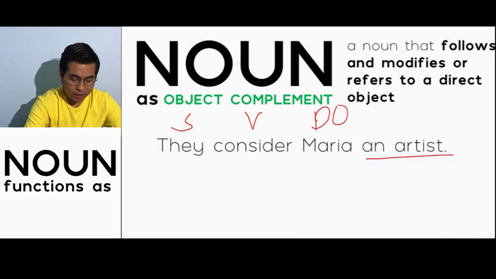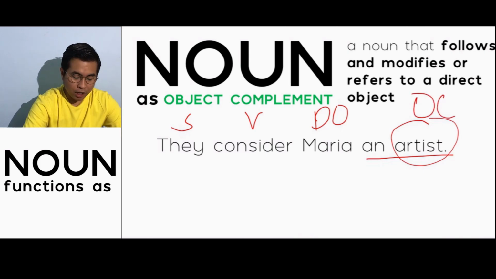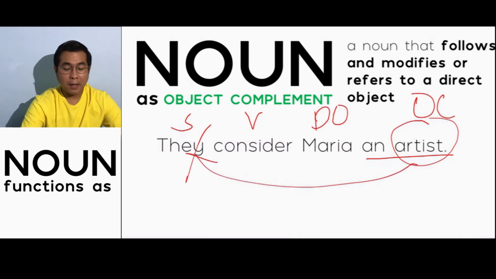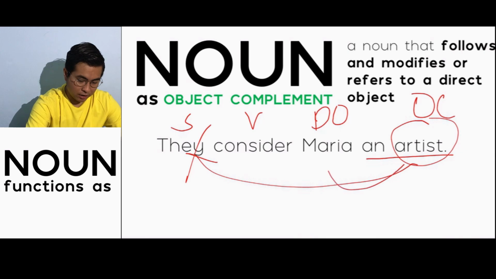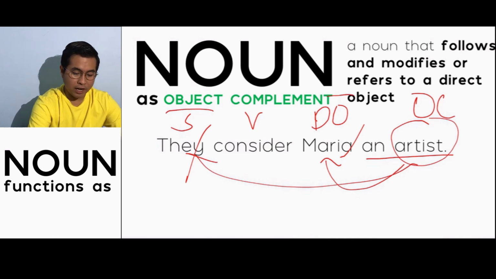Now if you disregard the article an, you have artist as your OC, or your object complement, talking about not the subject a while ago, but Maria, the DO. That's why it's object complement, not subject complement. A while ago, subject complement talks about the subject, but object complement talks about the object, and in this case, the direct object.